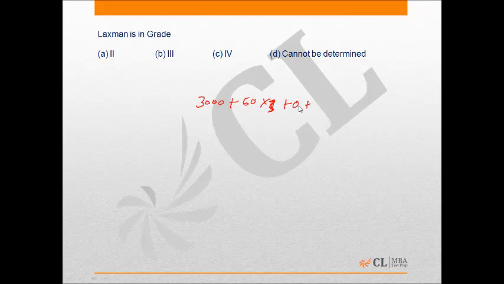Now if we consider his number of centuries, which is not given in the table, then we could think of many possible values of it, but it cannot be more than 30 as his total run is 3000.